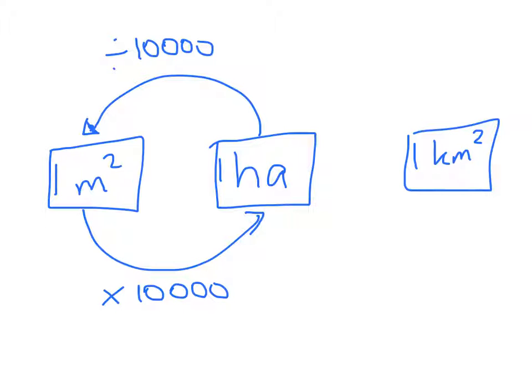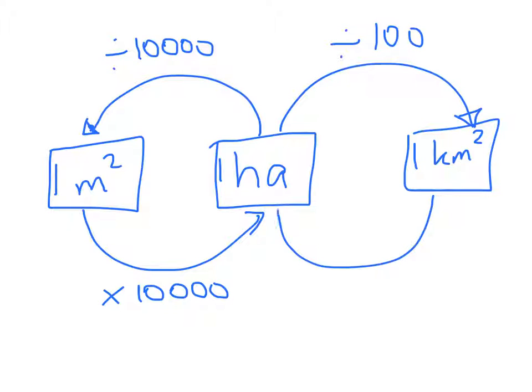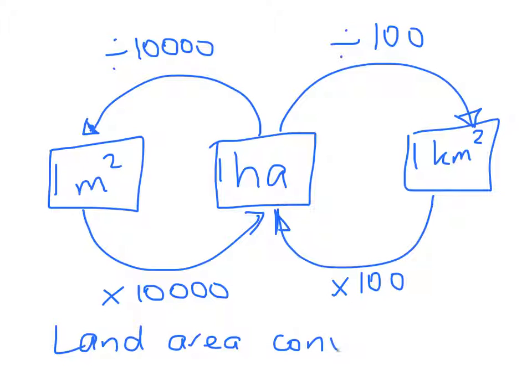To go from hectares to kilometres squared, we divide by 100. And going back the other way, from the big unit, kilometres squared, to the little unit, hectares, we multiply by 100. If you can copy that into your notes and head that up, land area conversions. Then on the next slide there are 6 examples for you to try.